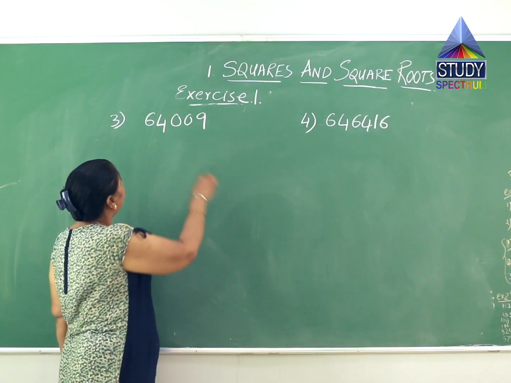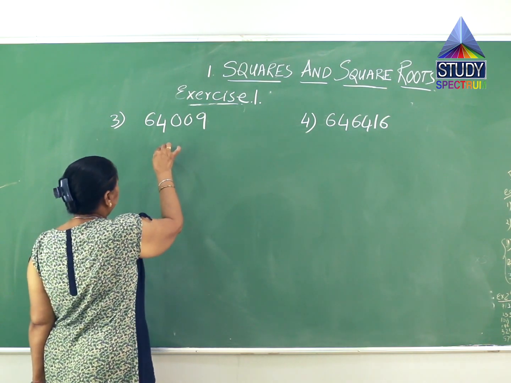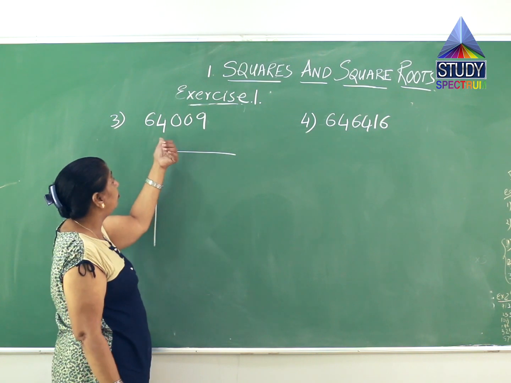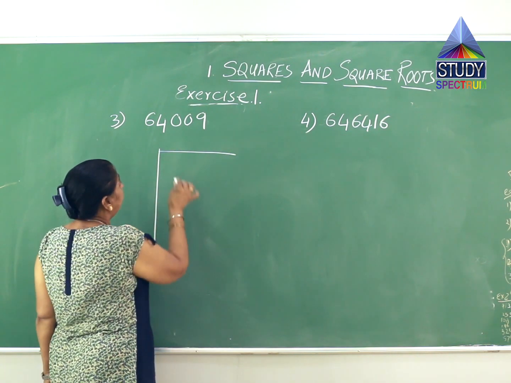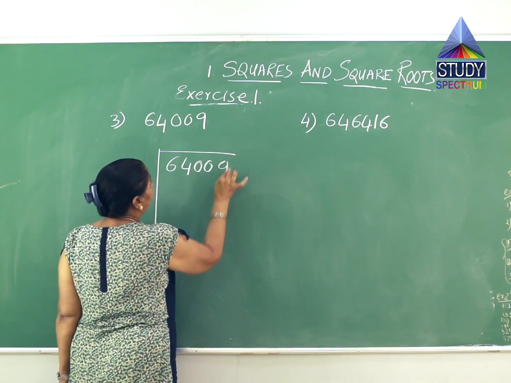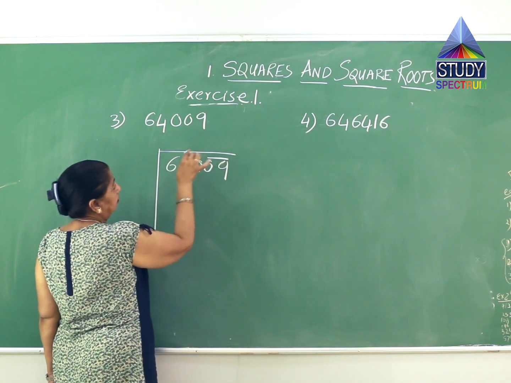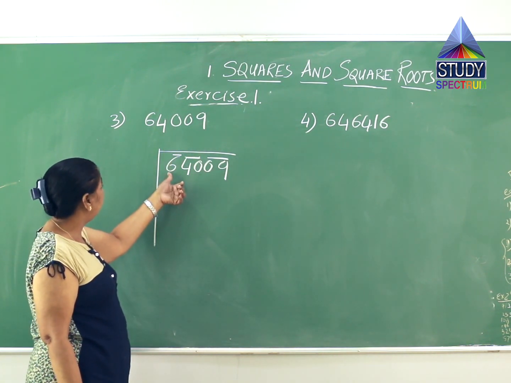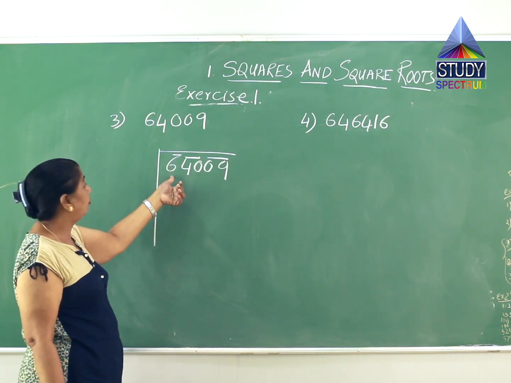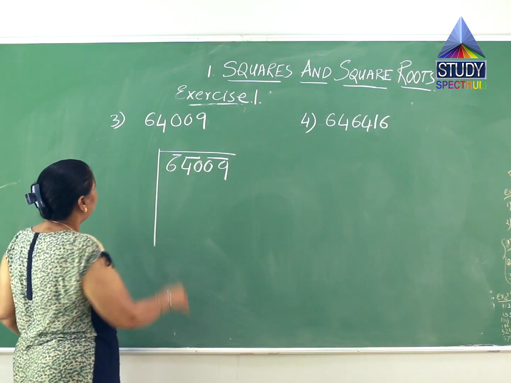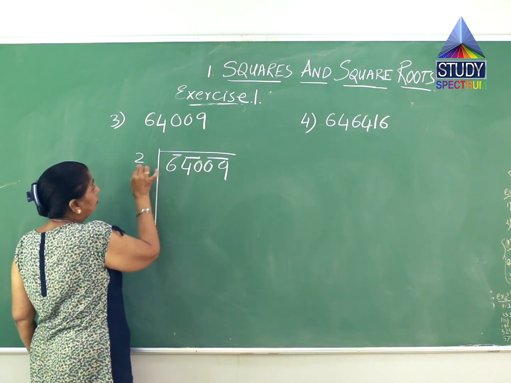Now children, let me start with the third example. Now this, we have to find out the square root of this number by division method. Again, I'll put this number over here and then make the group of 2. Now you got the 6 over here. It's a single digit number, so I'll see that the square of which number is near to this. We know that square of 2 is 4.